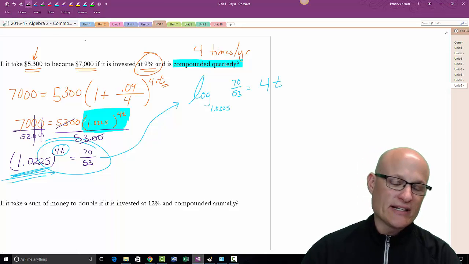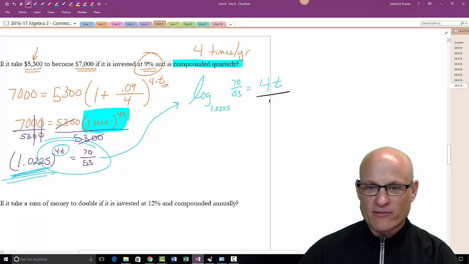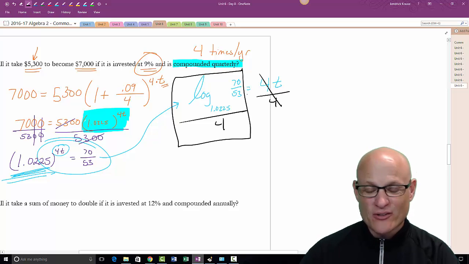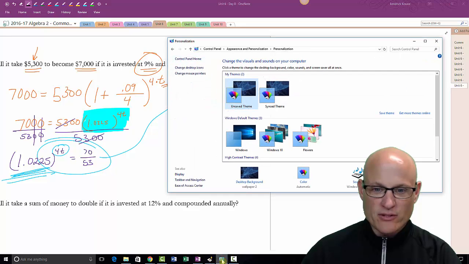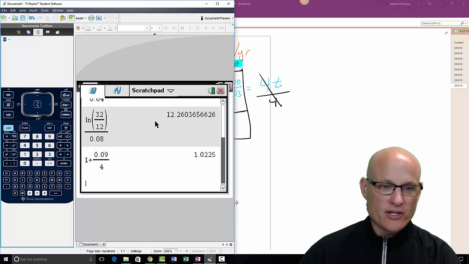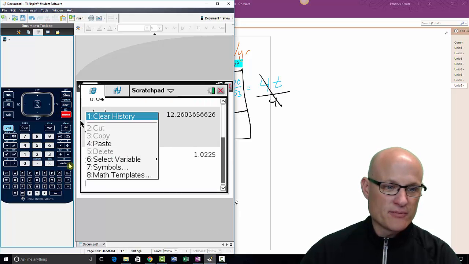Well, I'm not quite done. I still have to get rid of that 4, so I'm going to divide by 4 and divide by 4. I know this looks really messy, but the calculator does it all for us. So we come over to our calculator and say, okay, calculator, first clear out all this mess.